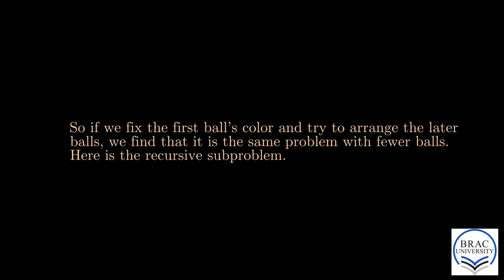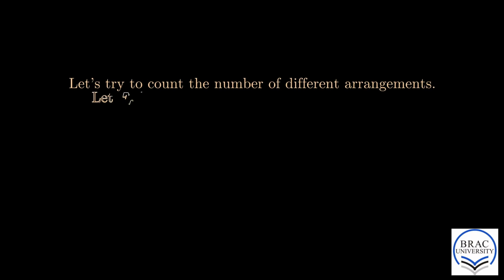We know that recursive functions call themselves. So recursive problems contain other smaller recursive subproblems. Now let's see how we actually calculate the number of ways we can arrange these balls.